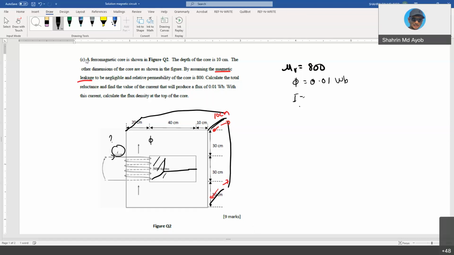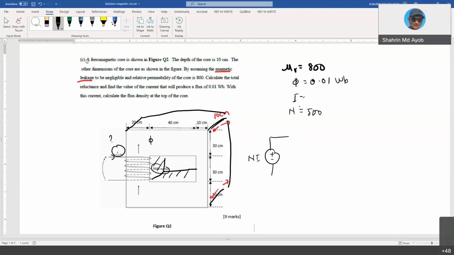The number of turns is given as 500. So the circuit will be like this. We have Ni, the number of turns multiplied with the current, as your source value.